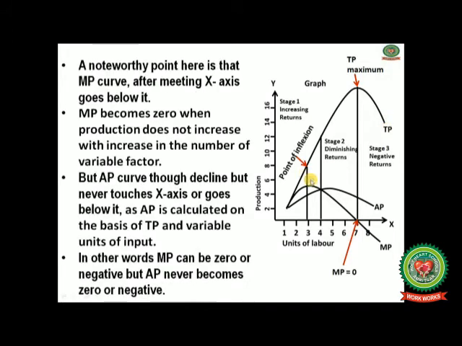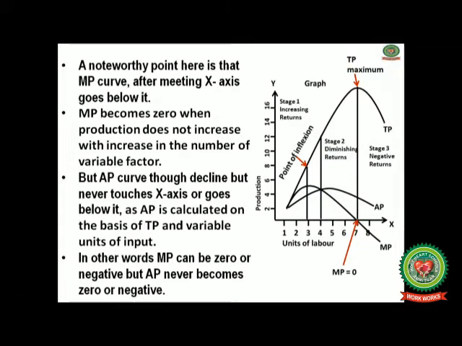Now when the MP curve, that is the marginal product curve, meets the x-axis or goes below it, it means that at the intersection point with the x-axis the marginal product is equal to 0, and after this the marginal product is negative.